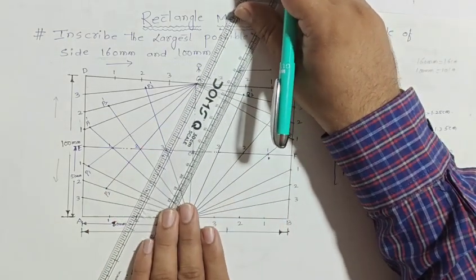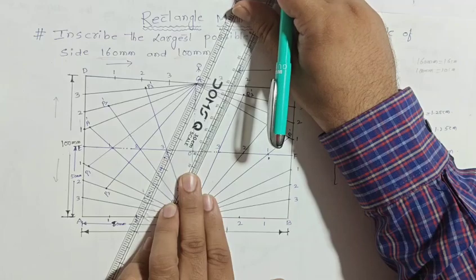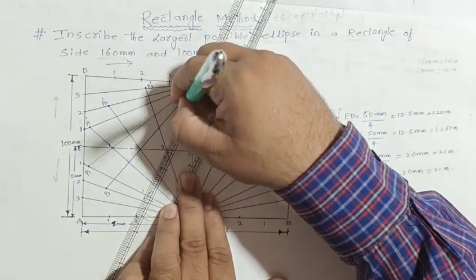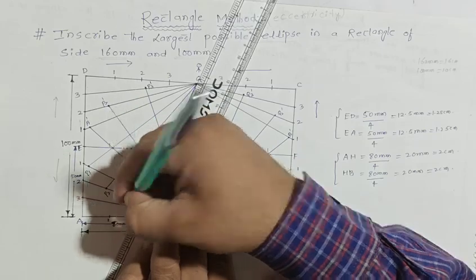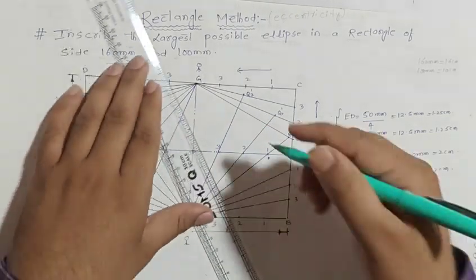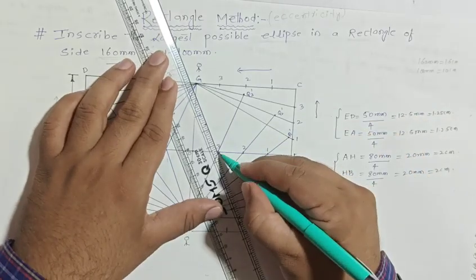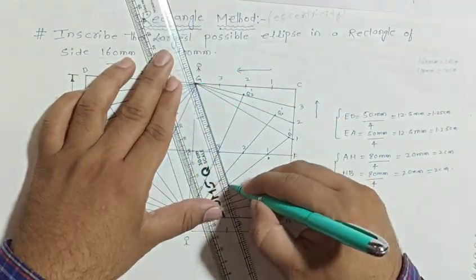Another one G3 to 3. This point is called P3. Similarly, toward right hand side, pass a line from G3 to 3.